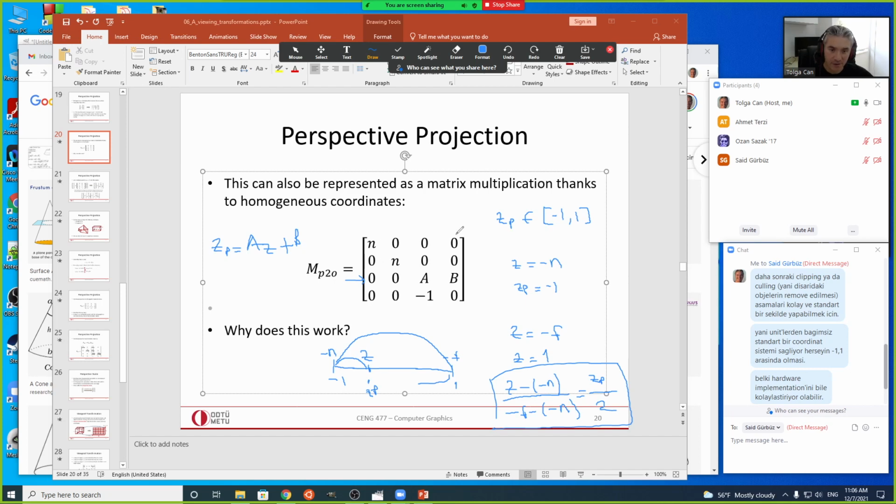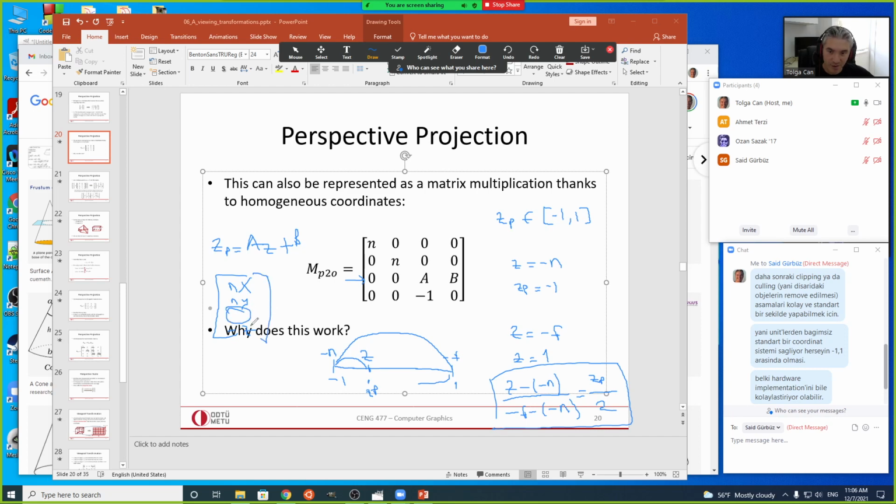If you look at this right now, the first two rows give n times x and n times y, and the last row just takes z and multiplies it with -1, so the last coordinate is just going to be -z.